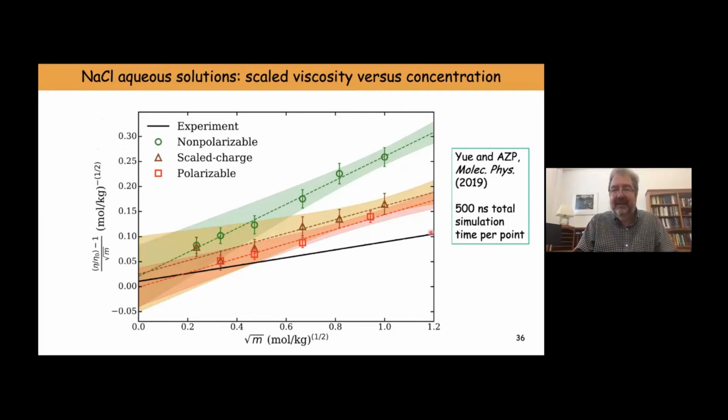This is the experimental line, and the simulations show that the non-polarizable models are all too high in the B coefficient. The scaled charge models do a lot better, and the polarizable models also do a lot better than the non-polarizable models, although none of them are perfect. Again, the amount of time is half a microsecond per point to get this done. This was published in Molecular Physics last year.